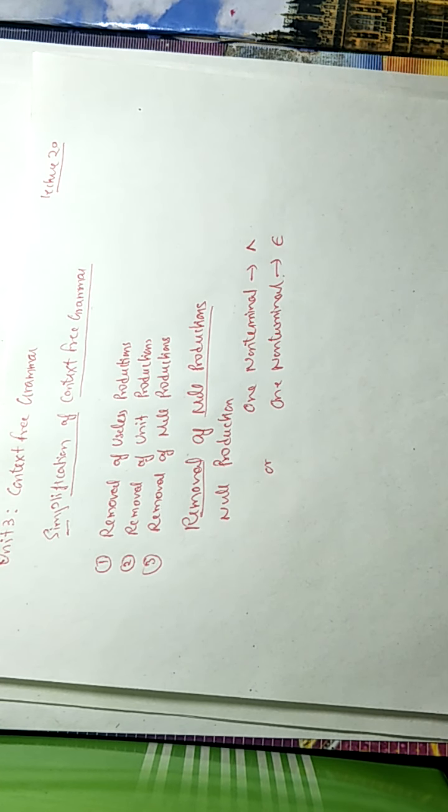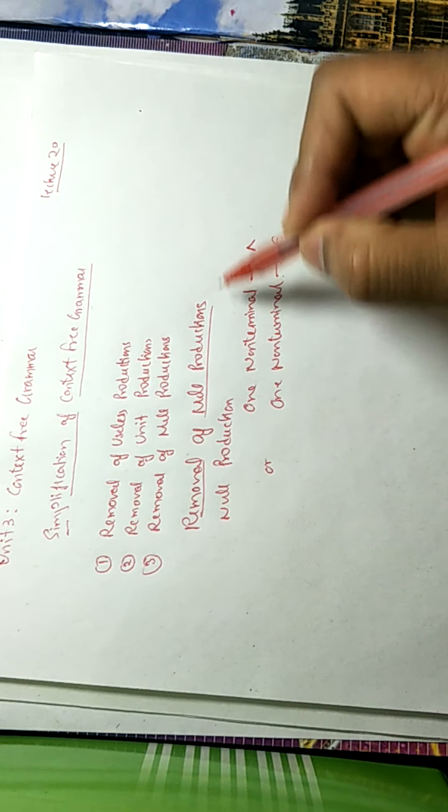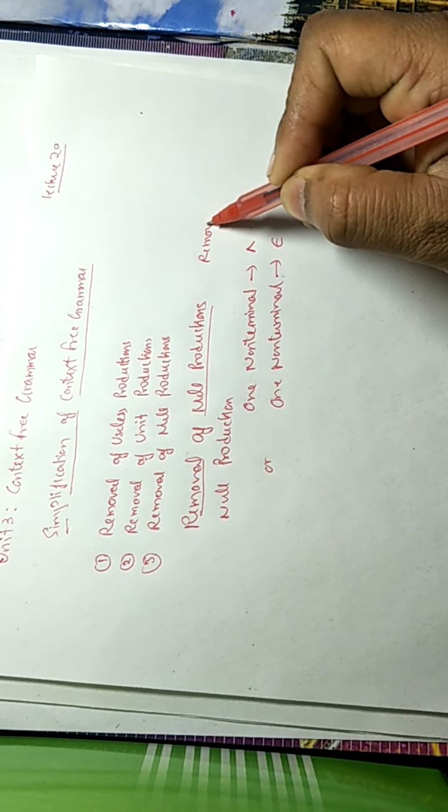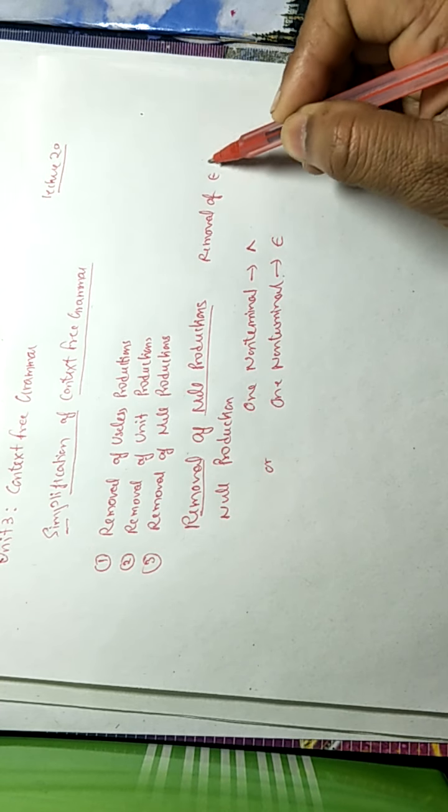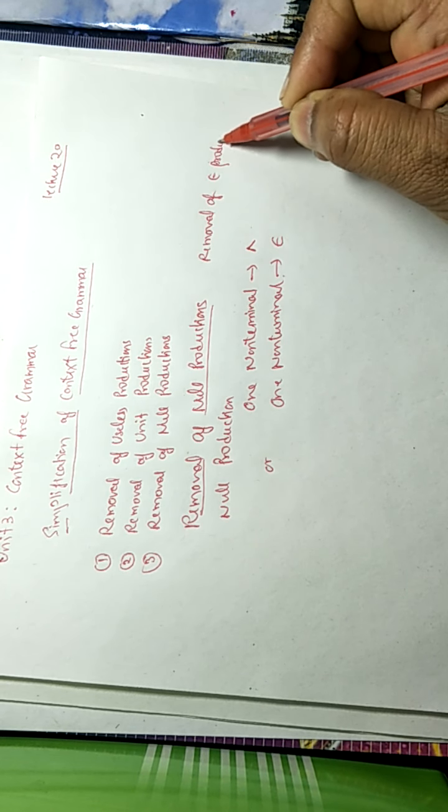Both mean a zero length string, both are the same and are represented differently in different books. So it can be written as removal of epsilon productions.